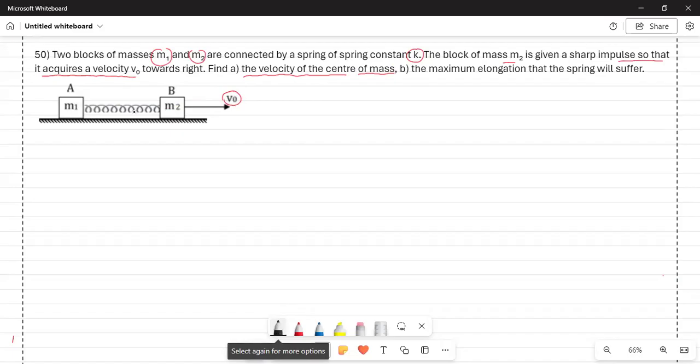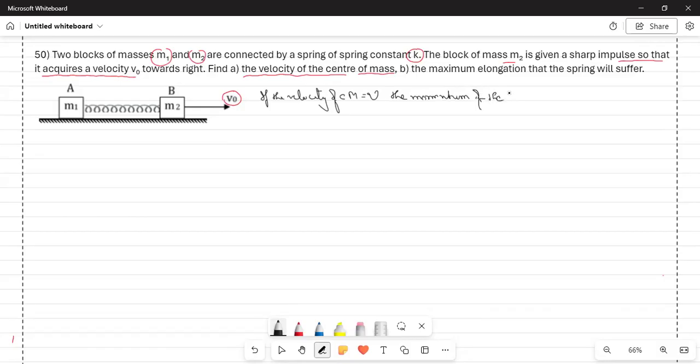If the velocity of the center of mass is v, then the momentum of the center of mass is equal to m1 plus m2, the total mass, multiplied by the velocity of the center of mass v. So this is the momentum.